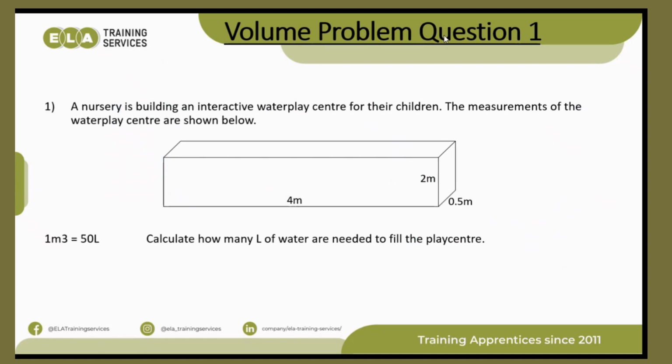Now we might have problem questions like this. So let's have a go at this. A nursery is building an interactive water play centre for their children. The measurements of the water play centre are shown below. Calculate how many litres of water are needed to fill the play centre if 1 metre cubed is equivalent to 50 litres. So first we need to work out the volume.